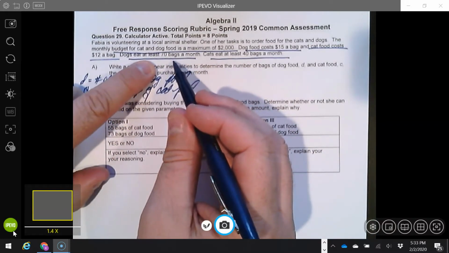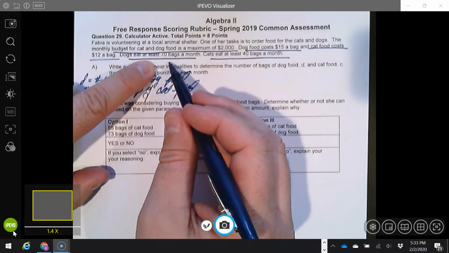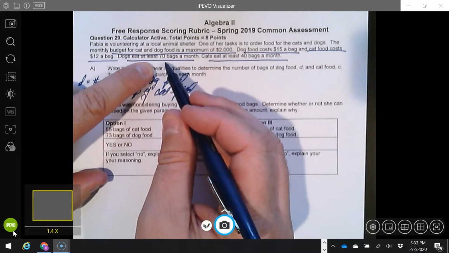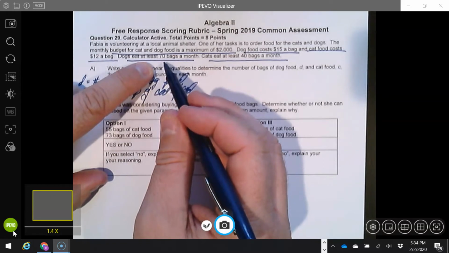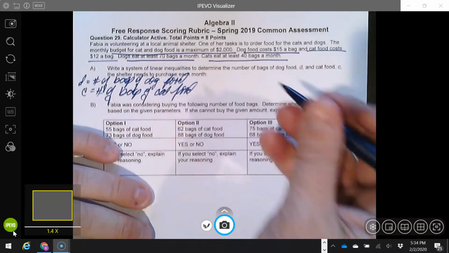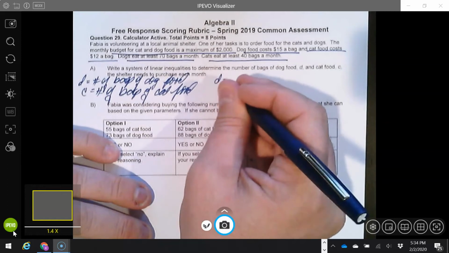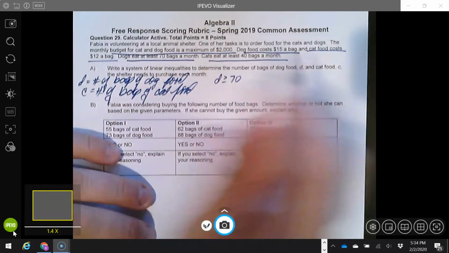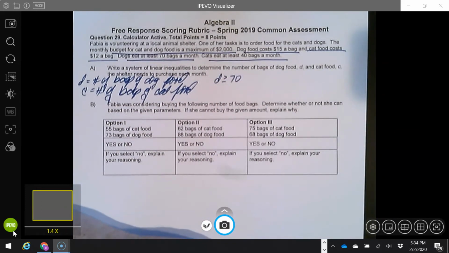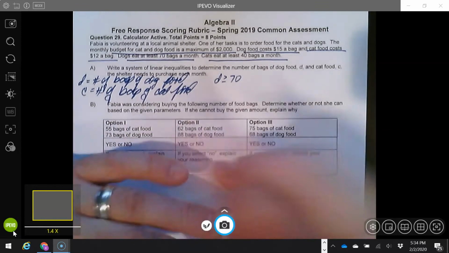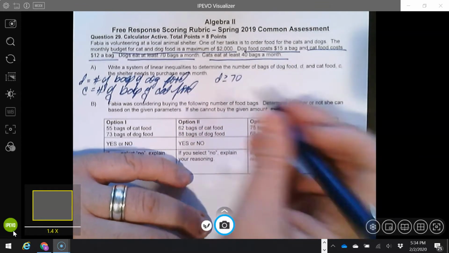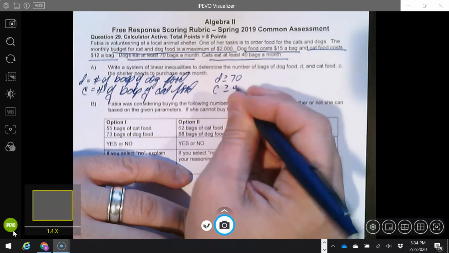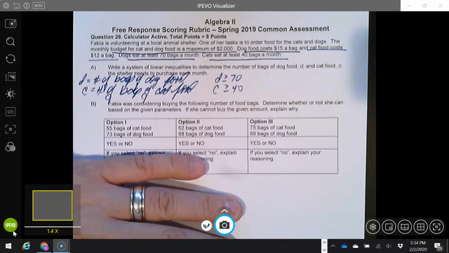So if I'm going to take care of my dogs, I have to have at least 70 bags a month. If I have less than 70, this is not going to work. So D has to be at least, so we're going to say D is greater than or equal to 70. Cats eat at least 40 bags a month, so C is greater than or equal to 40.